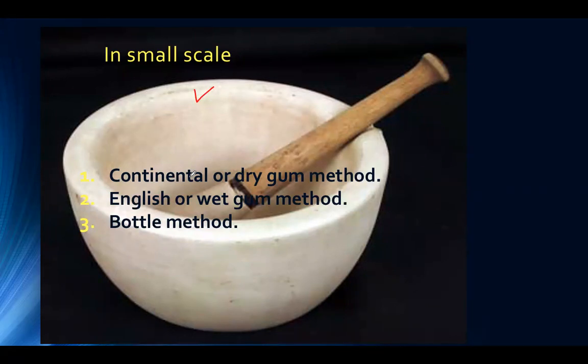فهلا in small scale بنستعمل احنا 3 طرق تحضير. اللي هي بسموها continental method او dry gum method، وسكند اللي هي الانجليش ميثود او بسموها wet gum method. فاما واحده dry method وواحده wet method، ويعني متشابهين بالتحضير بس من اسمهم.